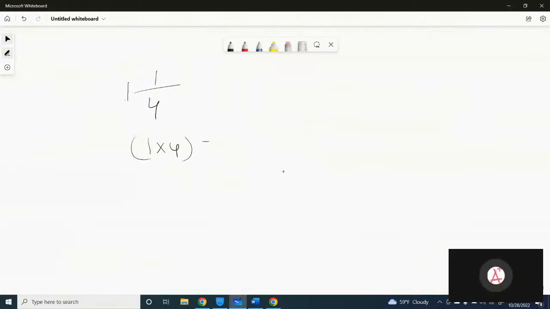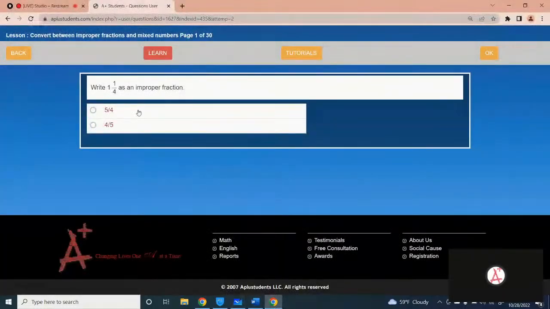You have to add the numerator to it and divide it by 4 again. Got it? So it would be 4 times 1 is 4, and 1 more is 5 over 4. So it would be 5 over 4. Just select the correct option and then click on the OK button.